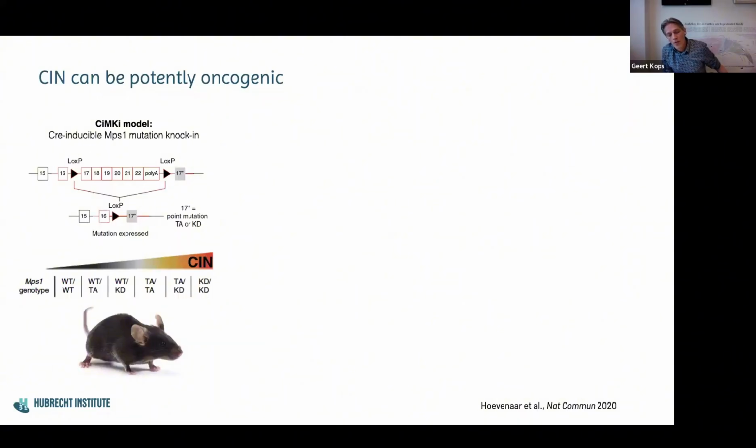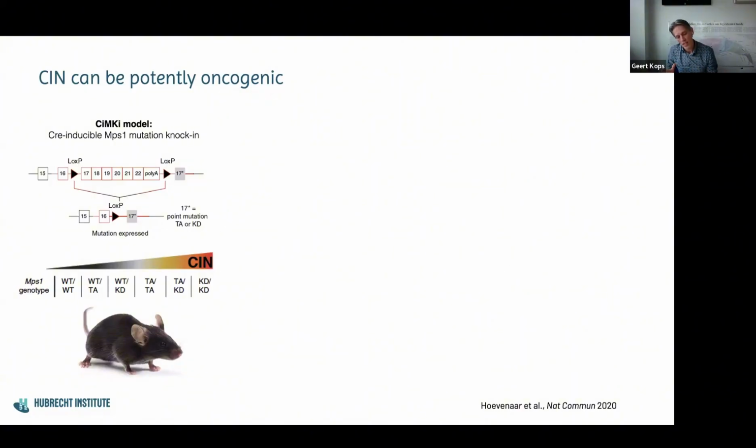The third line of evidence for chromosomal instability being important for tumor formation comes from animal models. Many different types of animal models have been generated already, starting from 20 years ago, that have used different mutations to model chromosome instability and have shown all kinds of different effects, from oncogenic to tumor suppressive.